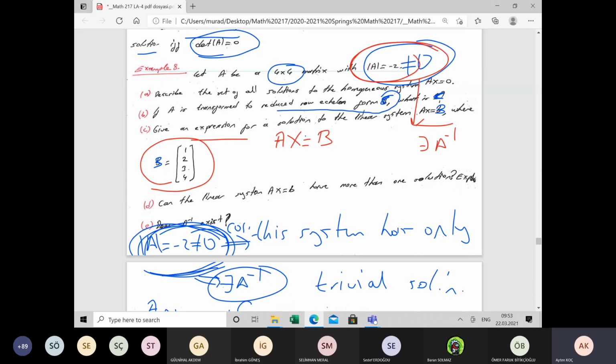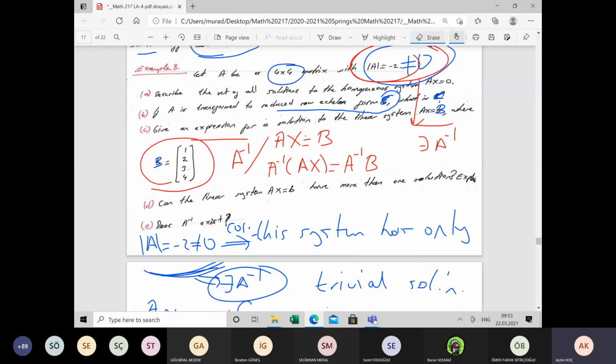We obtain A inverse times Ax equals A inverse times b. Matrix multiplication is associative, so the parentheses are not important, and we can write it using associativity.